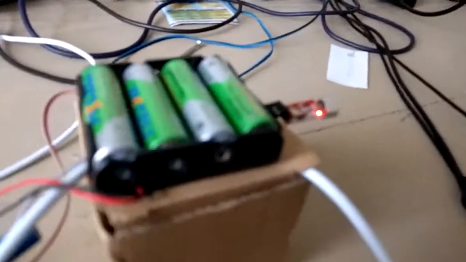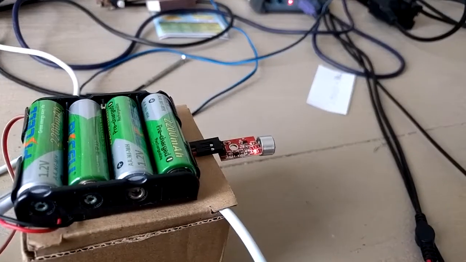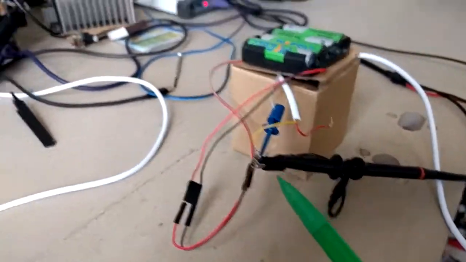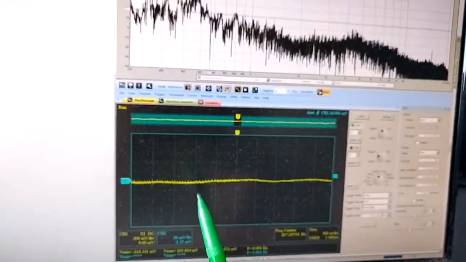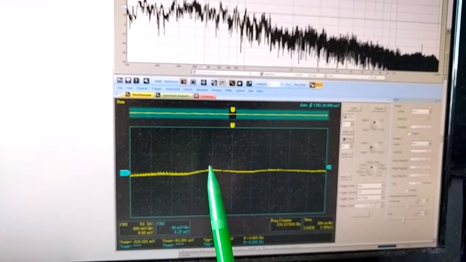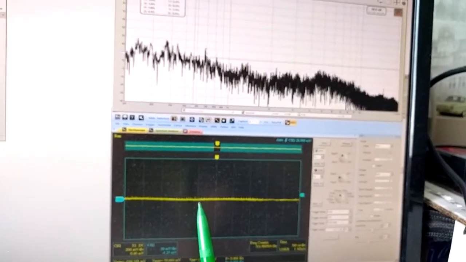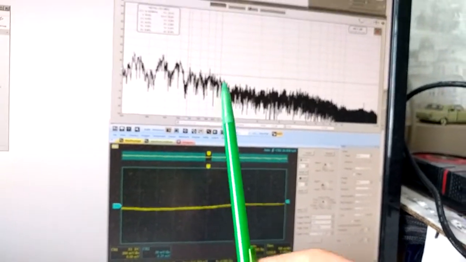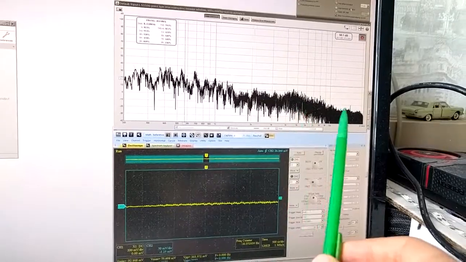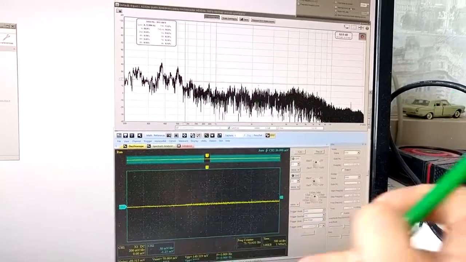Now I'm going to test the first microphone. The microphone is connected to the computer and to the oscilloscope. With the oscilloscope I can look at the signal level at the sound card. The amplitude of the signal should not exceed 1 volt, and the signal from the sound card is displayed on this spectrum graph.